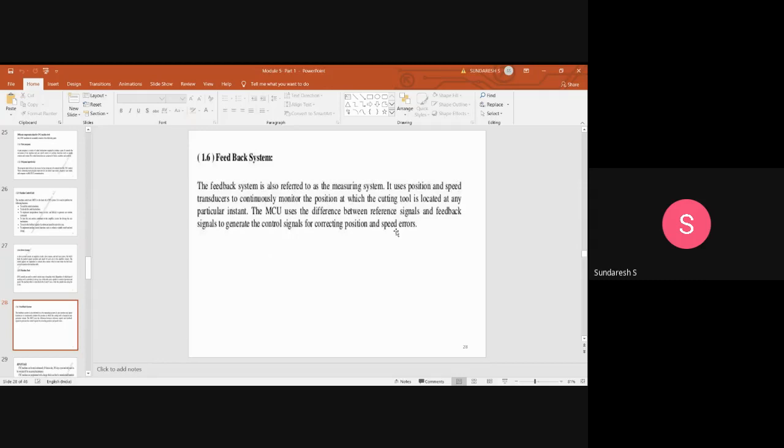And if that speed does not match the reference speed, then the difference in speed will be used by the MCU to generate the control signals, so that the machine spindle or the tool is rotated at the given speed only. This is basically how the feedback works.